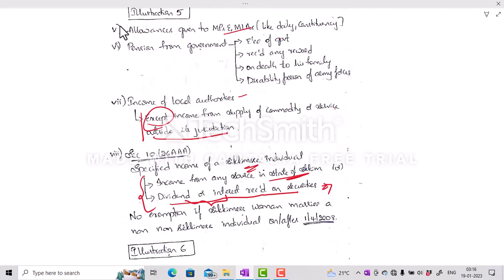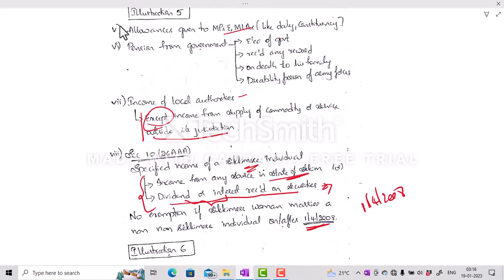And no exemption if a Sikkimese woman marries a non-Sikkimese individual on or after 1/4/2008. If she married before 1/4/2008, exemption is available. And if a Sikkimese man marries a non-Sikkimese woman after 1/4/2008, it does not make any difference.